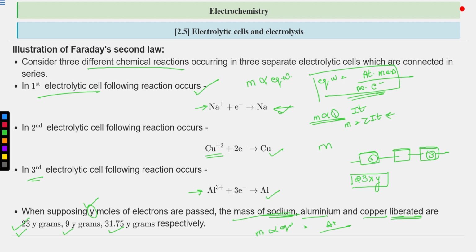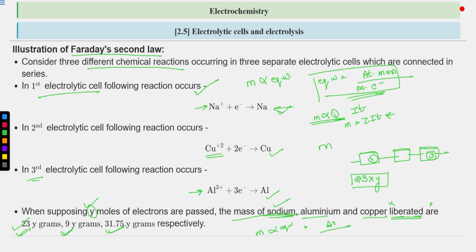So for sodium, the mass will be 23Y. For aluminium, it is 9Y. For copper, it is 31.75Y grams respectively. These are the masses liberated at the particular electrodes according to Faraday's second law.